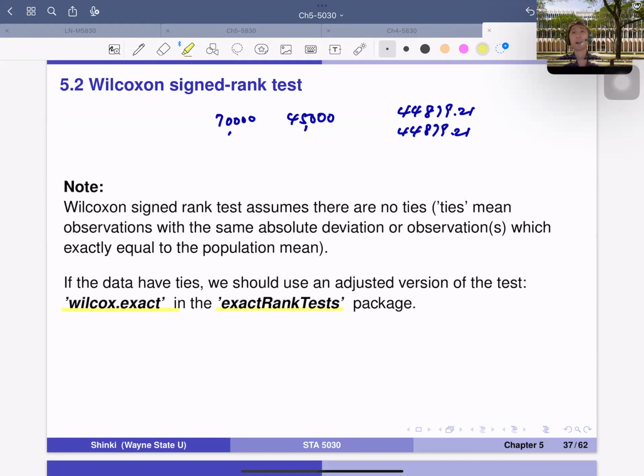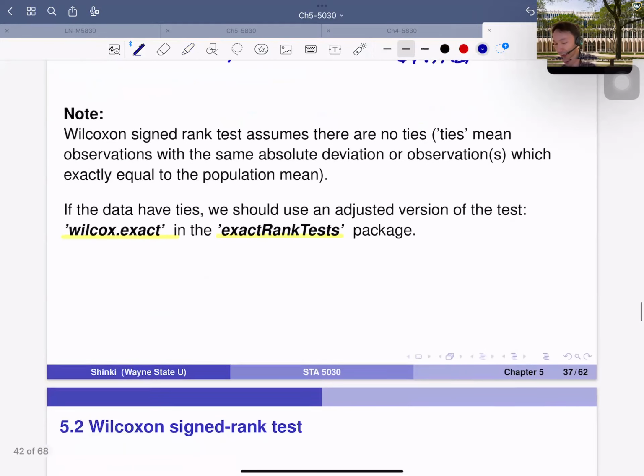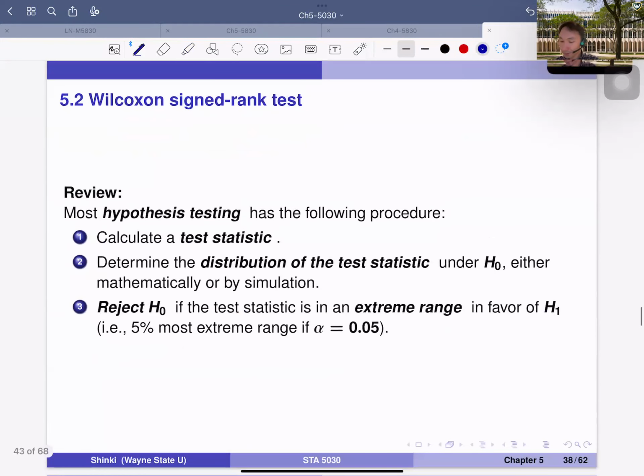Often these numbers are rounded, for example, in increments of 10,000. In such a case, we have many ties, so the Wilcoxon exact test is slightly more accurate than the Wilcoxon test. Okay, and we have studied the two methods, the t-test and the Wilcoxon signed rank test.